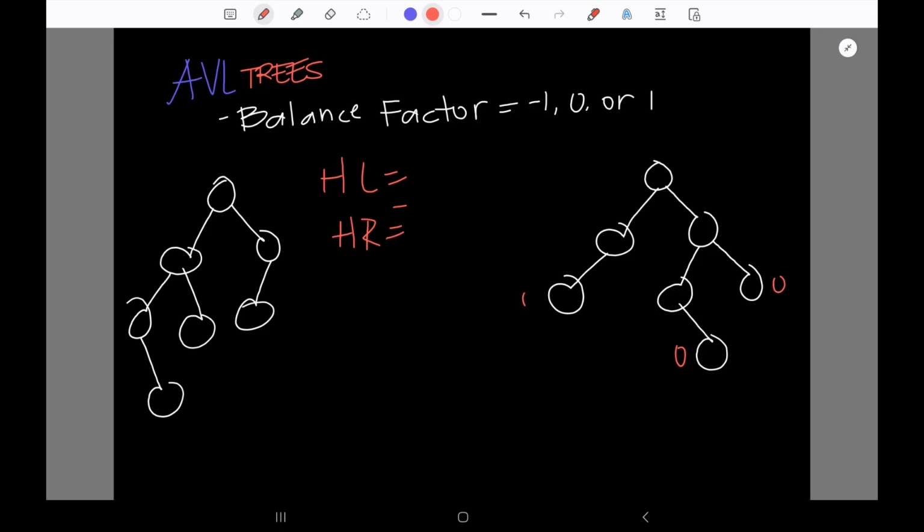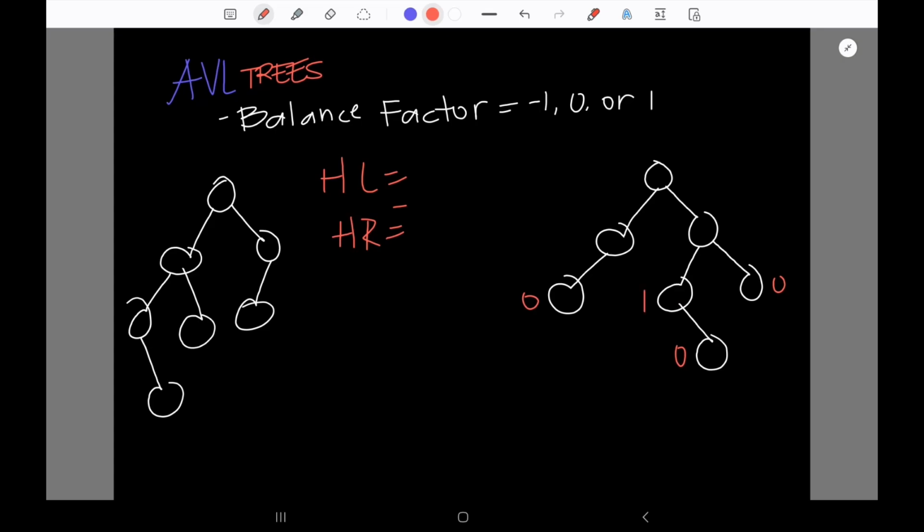So every leaf has a balance factor of 0. Next is the balance factor of this node. It doesn't have a left child, so it has a balance factor of 1.